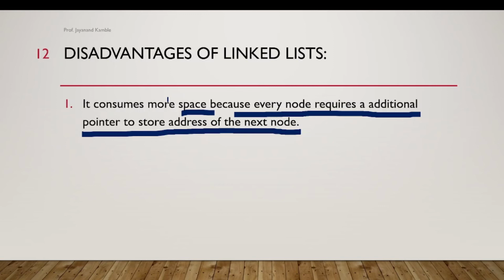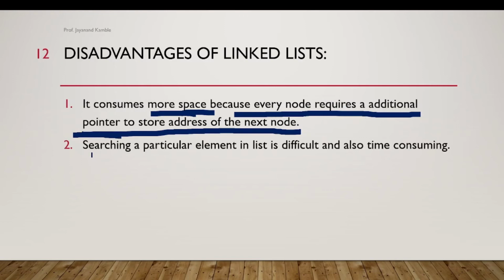But in case of linked list, we have two memory blocks, one for the data part and another for the pointer part. The memory we are using for the pointer part is the additional memory usage. So it consumes more memory as required for additional pointers.